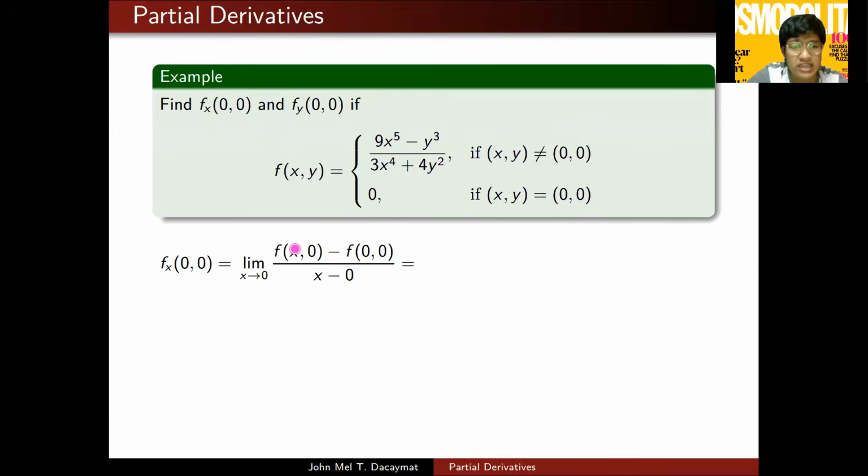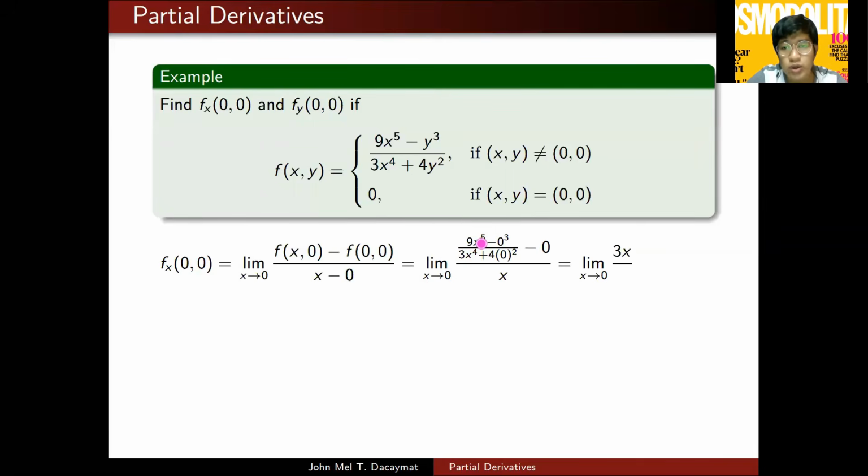Okay? So, I will plug in x, 0 to this. And then, for this part, f of 0, 0, ito na talaga yan. Yung 0. No? Over x minus 0. Or x na lang. Okay? So, itong first term, kapag kinuha ko, magiging ano na lang siya, 9x to the 5th over 3x to the 4th. I can cancel 9 and 3. I will have a 3 above. Tapos yung x to the 5th and x to the 4th, I can cancel.